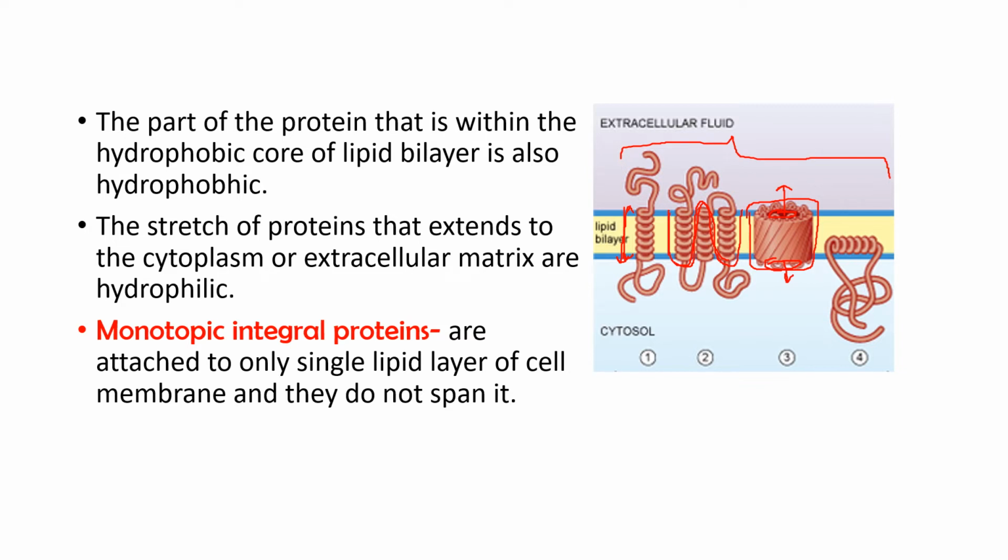And some are attached to only one lipid layer of the cell membrane like this. This particular protein is attached to either the inner membrane of the cell or the outer membrane of the plasma membrane. This type of protein, which is attached to only one leaflet of the cell membrane, is known as monotopic integral proteins.